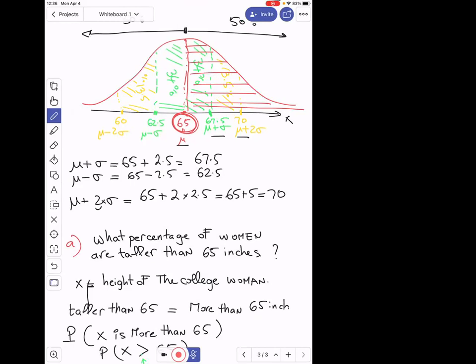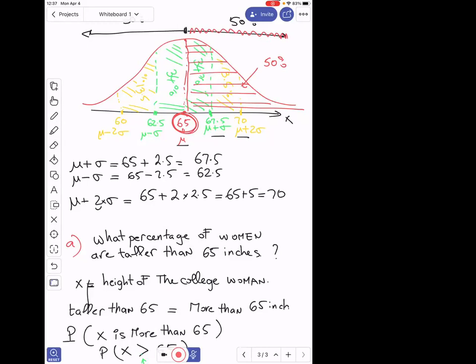That would be the area to the right of the mean, and we know the area to the right of the mean is always 50%. So this area to the right of the 65 is just 50%, or 0.50.